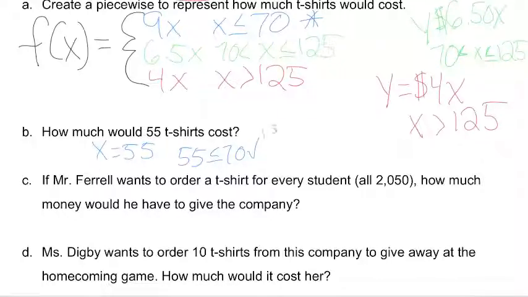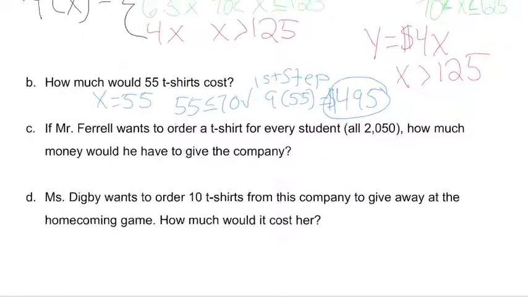Yes. So we're looking at our first step, which is 9 times our 55, which gives us $495. So that would be our answer for B.